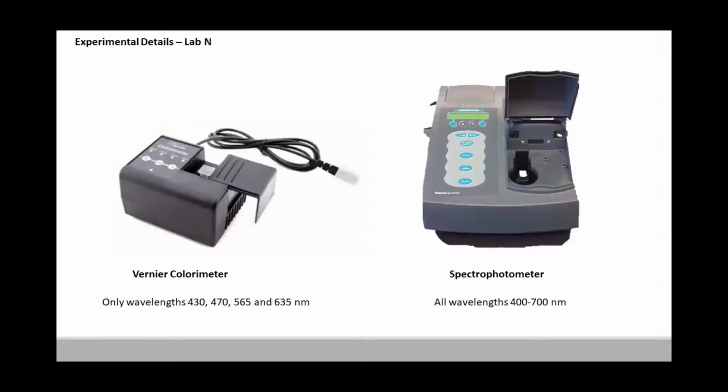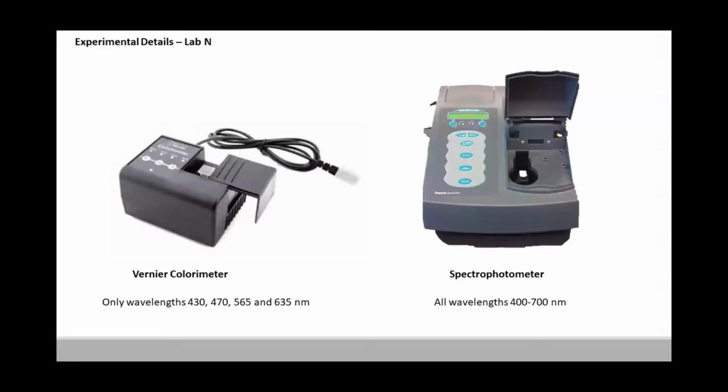A spectrophotometer, however, is generally more expensive and uses a diffraction grating to set any wavelength in the visible spectrum. A colorimeter, on the other hand, uses filters to select a wavelength, and this particular model is limited to 4 prescribed wavelengths. Fortunately, one of the prescribed wavelengths is 565 nanometers, which is of course required in this experiment.